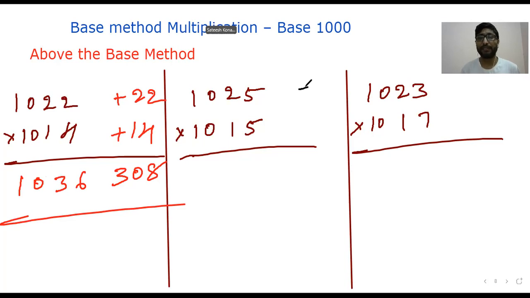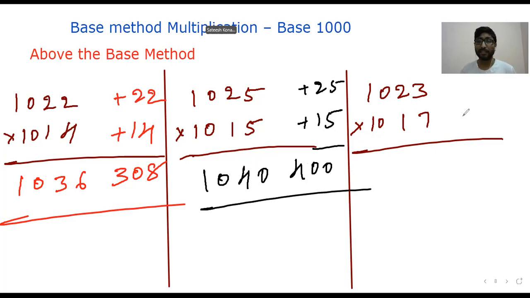See, this is plus 25, plus 15. Okay, so 25 into 15, 375, and this is 1040. That's the answer. So this is plus 23 multiplied with plus 17. 23 into 17.